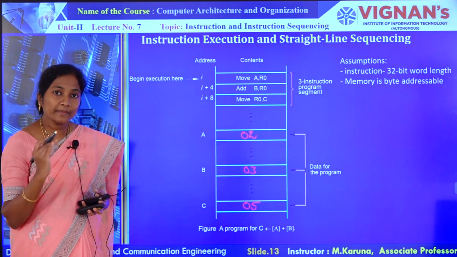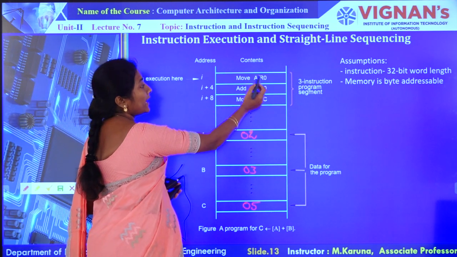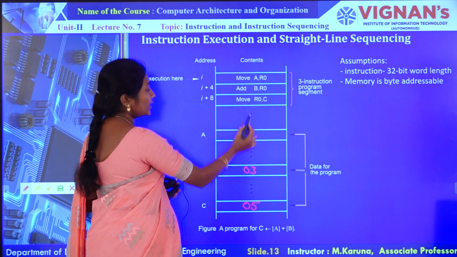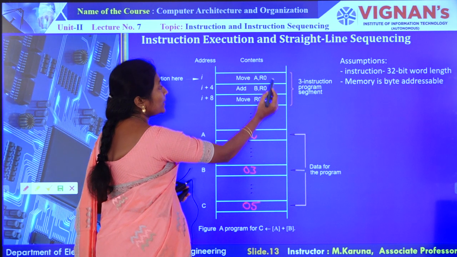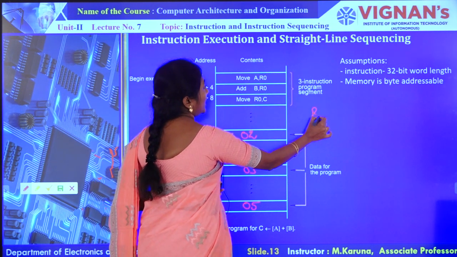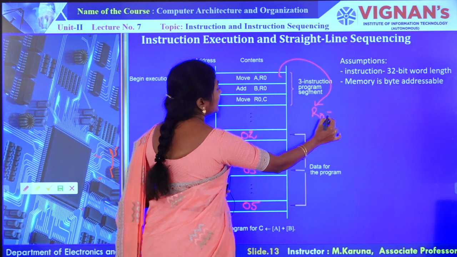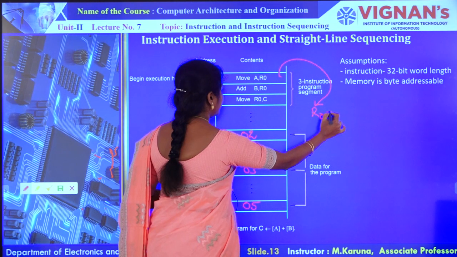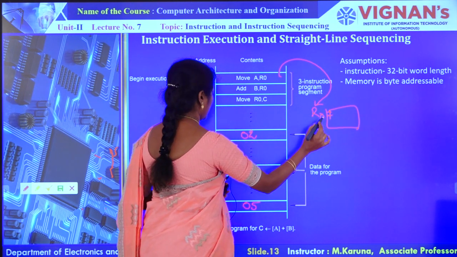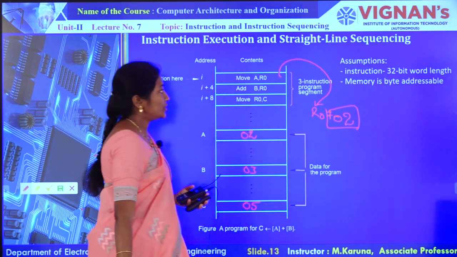Okay, so to perform these operations, we are using move A comma R0. Here, what is the content of A? 02. 02 will be transferred to R0. Now R0 contains 02.